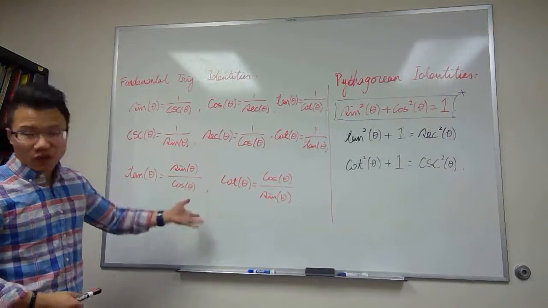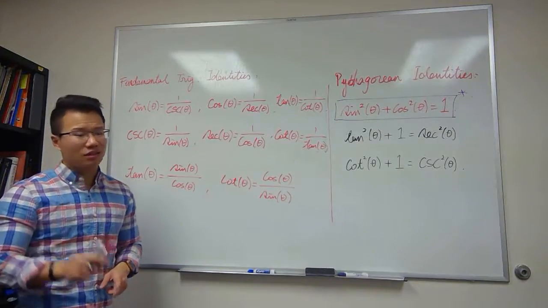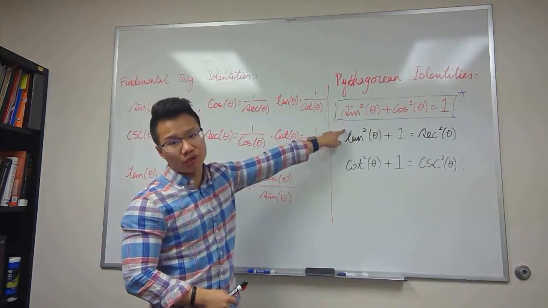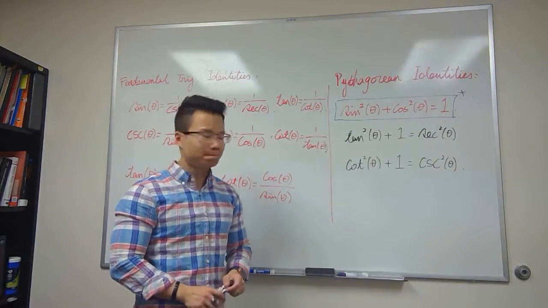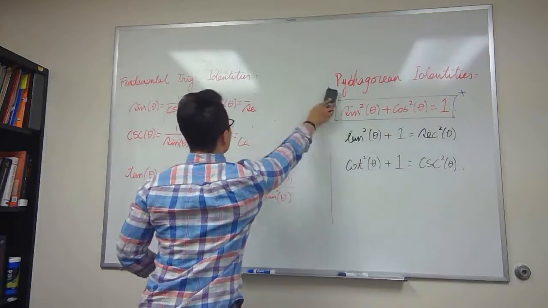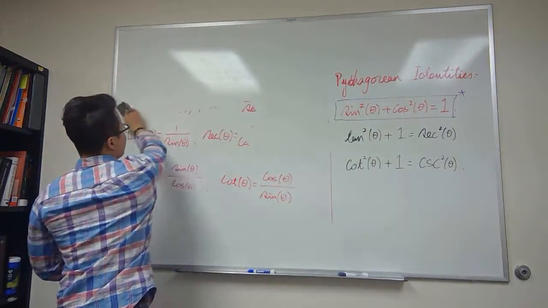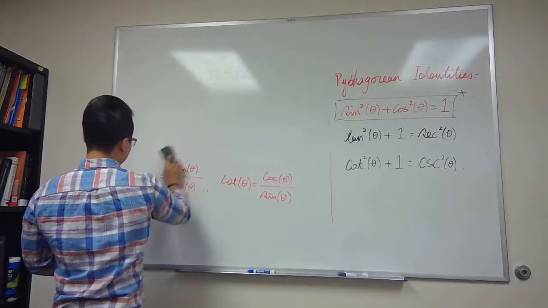But it will be very nice if you can memorize this stuff. At least you should memorize this formula right here, this is the most important one. So after we have all these formulas written down, let's do some examples using those formulas in general.